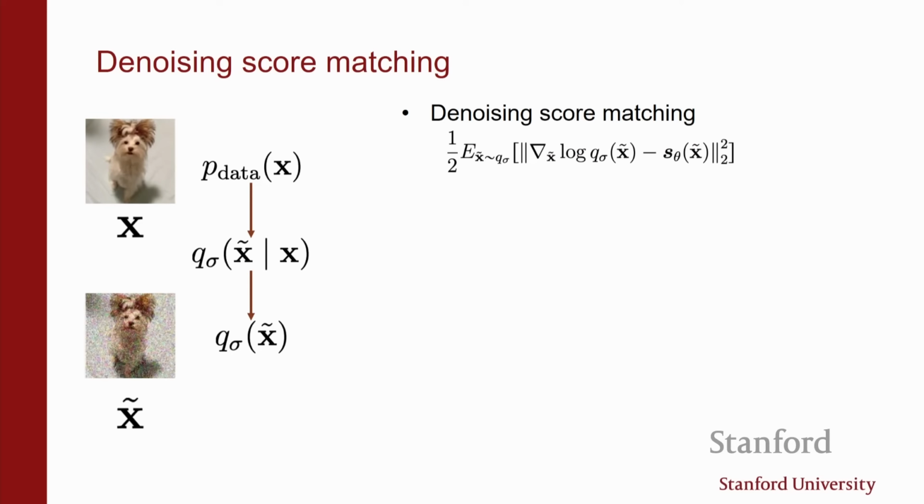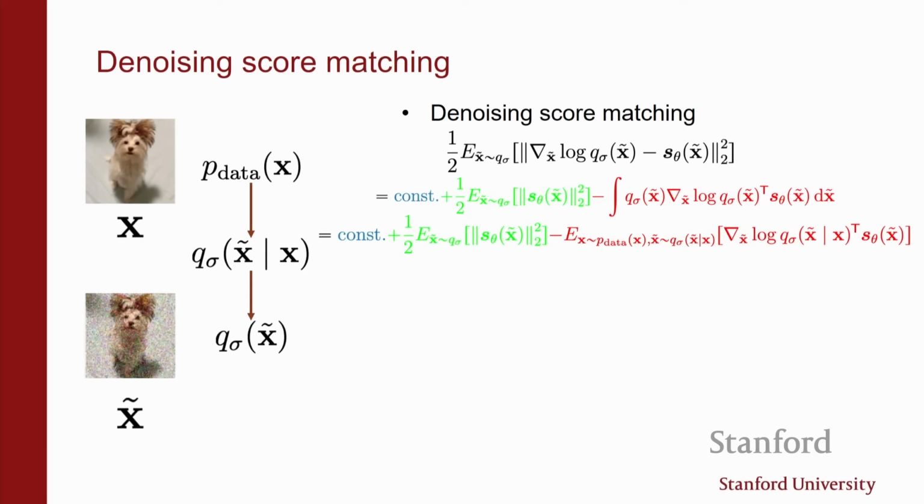And so bringing it together, this is what we started with, estimating the score of the data density perturbed with noise. You could write it this way, and through this algebra that we just did, we could also rewrite the red term in terms of this.